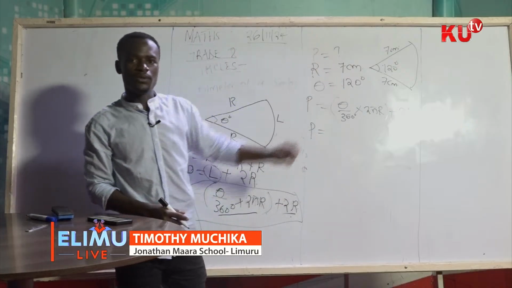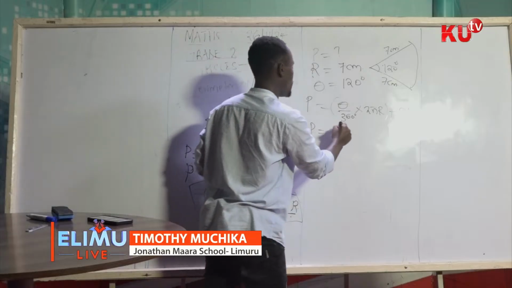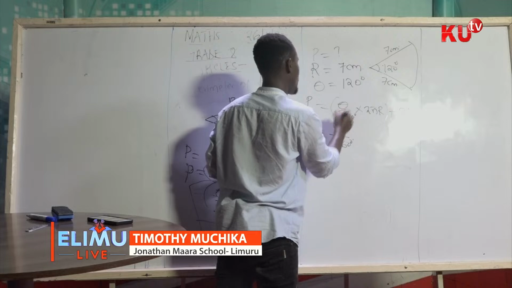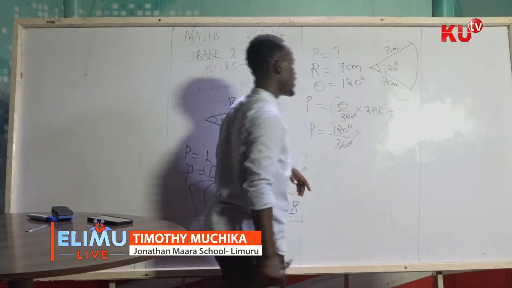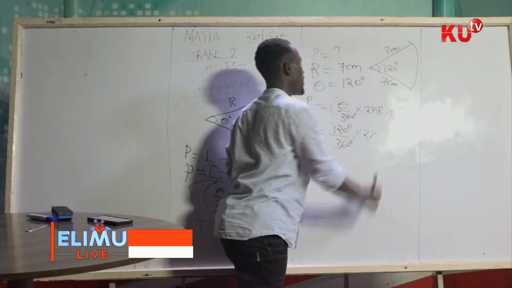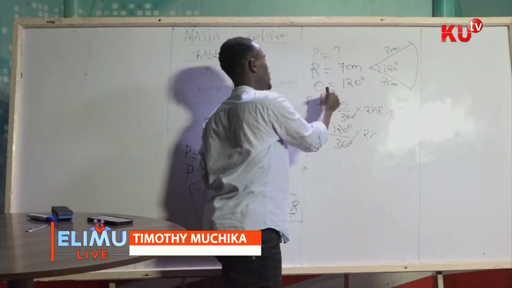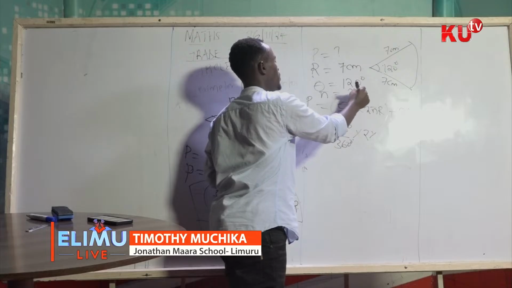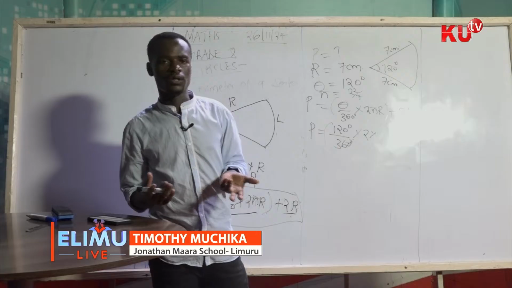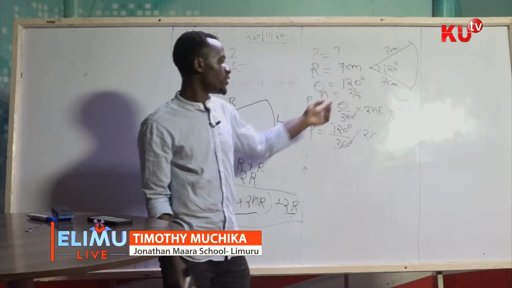It is 120. So you take 120 degrees, divide it by 360 degrees, and then multiply by 2 pi. I have always said that pi can be given by 22/7, or it can be given by 3.142, but the best version is 22/7.